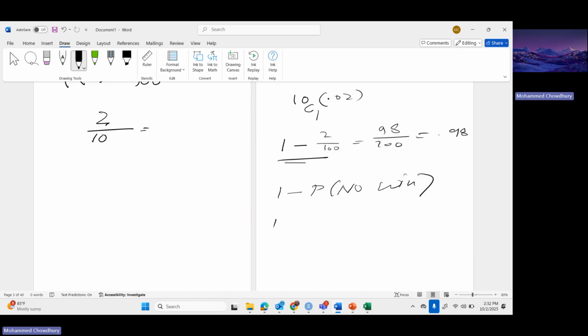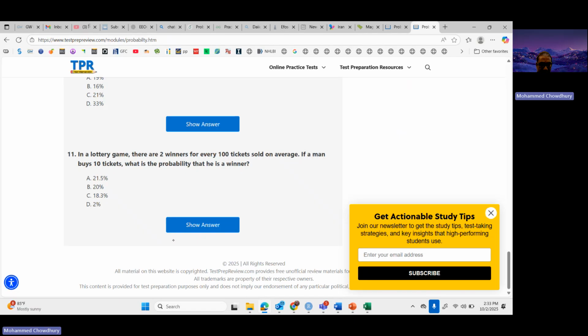It's equal to 0.98, and we have the 10 as well. This is the no win, 0.98, right? So he bought the, what is the probability he is a winner?